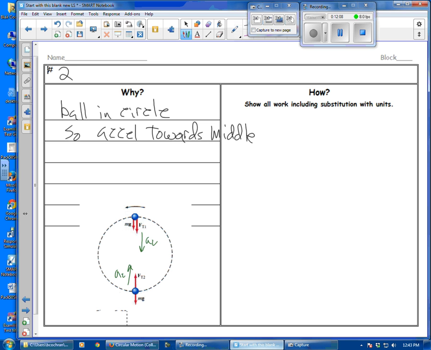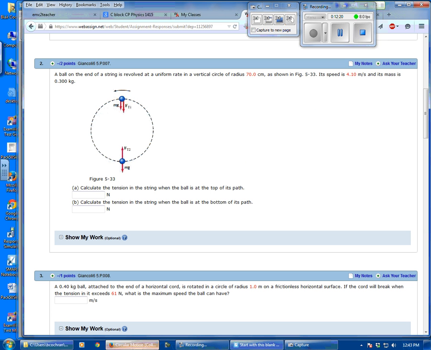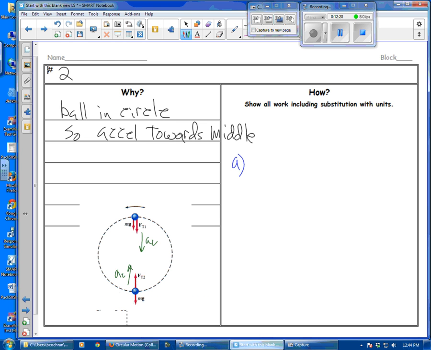And that's why we can label it centripetal, because it is always pointing towards the center there. So, let's do part A. Which one do they ask? For A, the tension of the string when it's at the top, and B is when it's at the bottom. Okay, so A at the top.